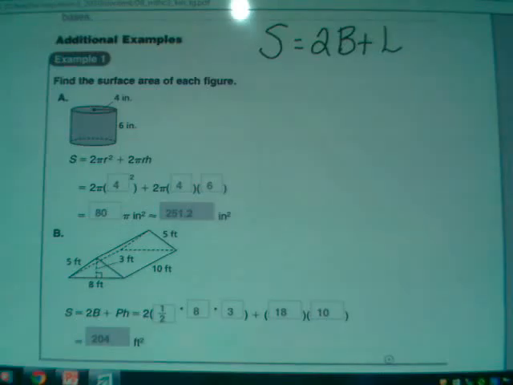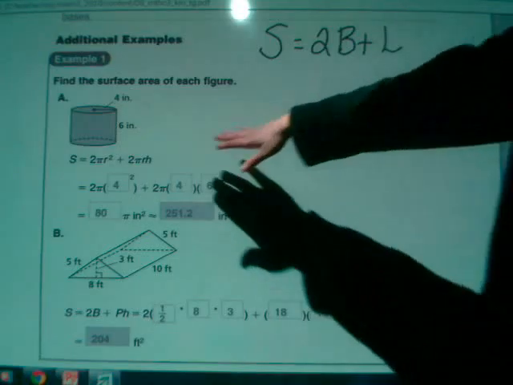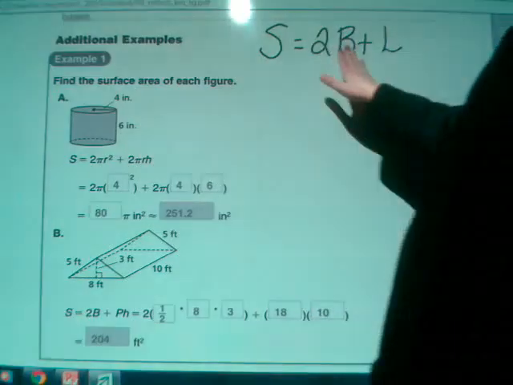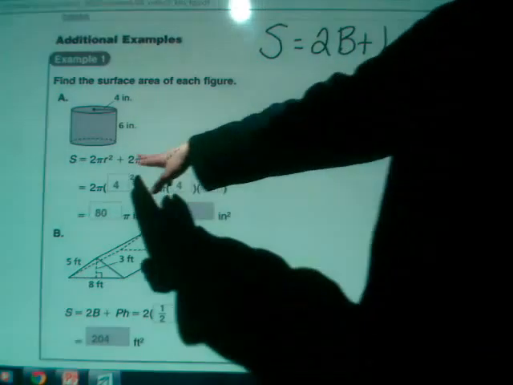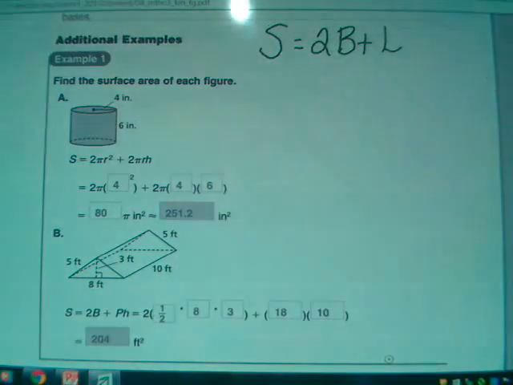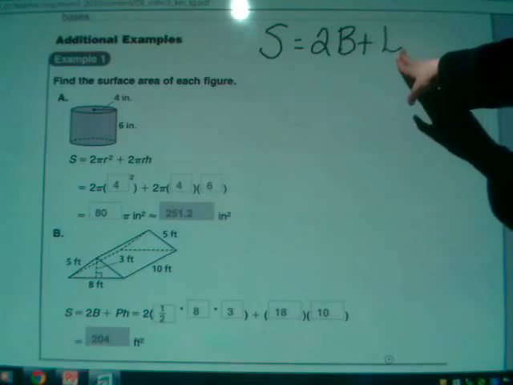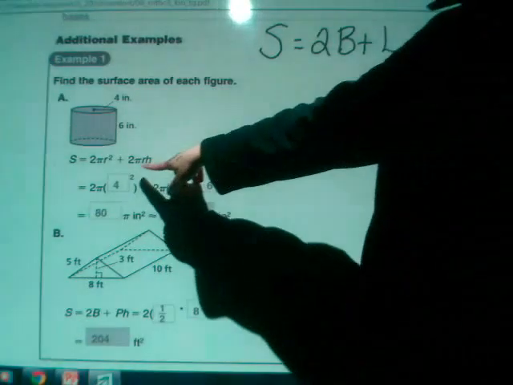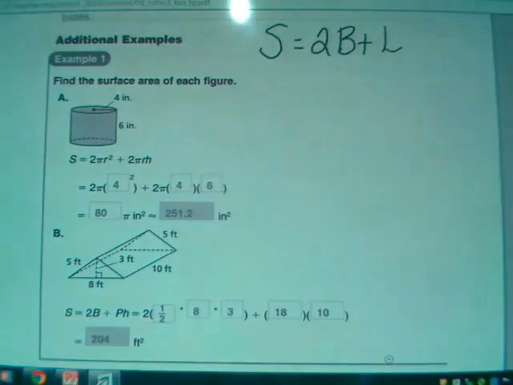And when we're talking about a cylinder, notice they've changed the formula a couple of ways, which is what we're seeing here in part A. Notice here, the area of the base has been replaced with pi r squared because the base is a circle. We've seen that already when we talked about cylinders and volume. And the lateral area has been replaced with 2 pi r h.